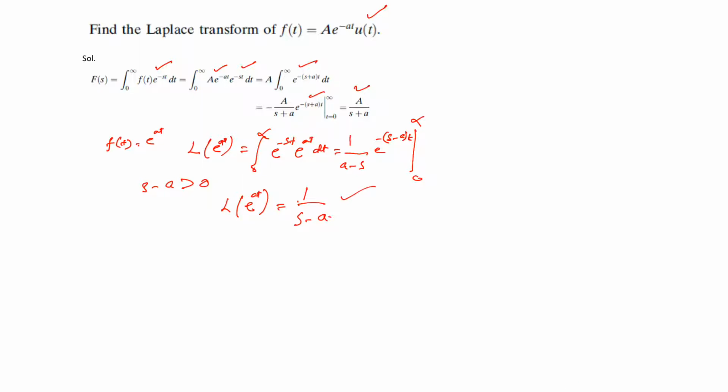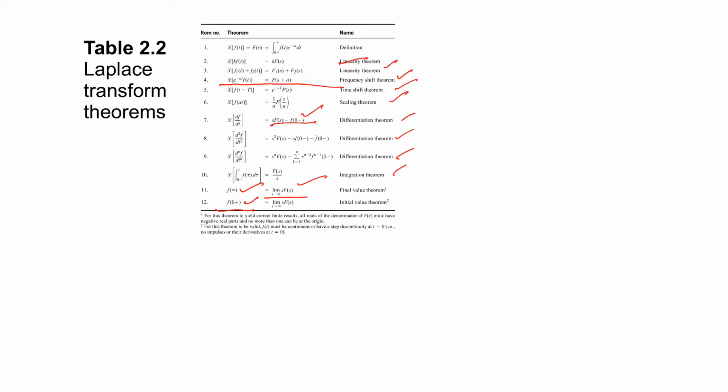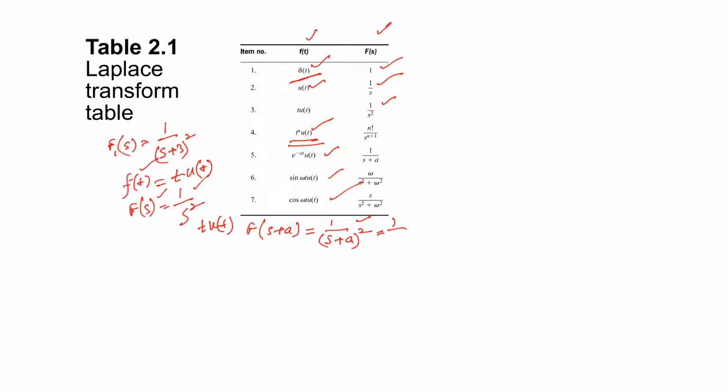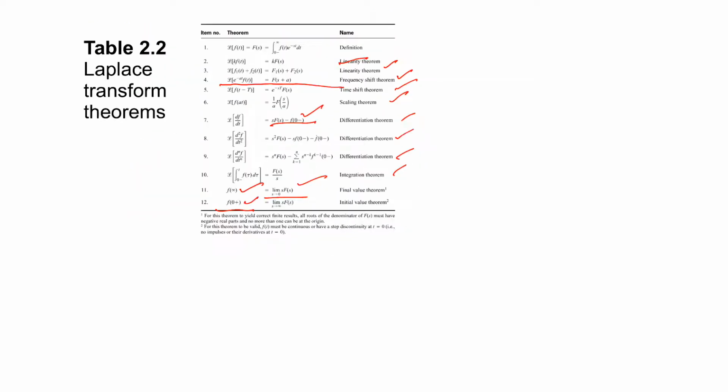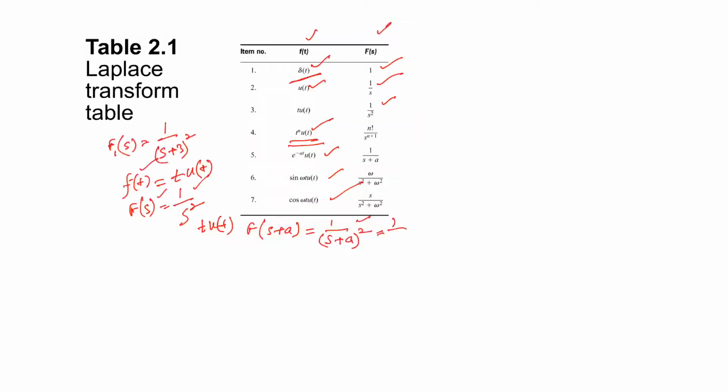Now instead of finding the Laplace transform of the function like that, the Laplace transforms of certain functions are already available. For example, the impulse response is 1.